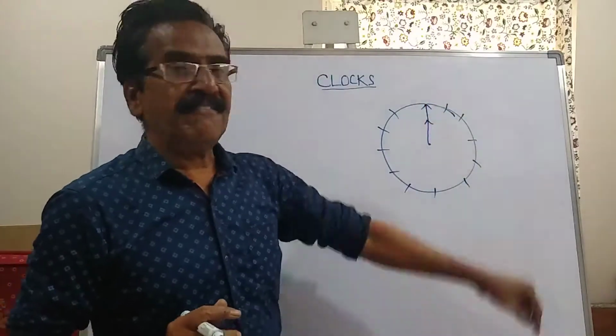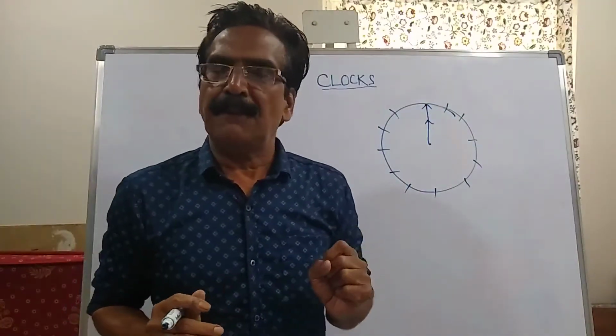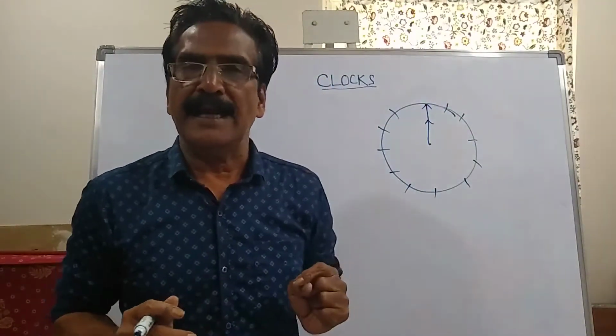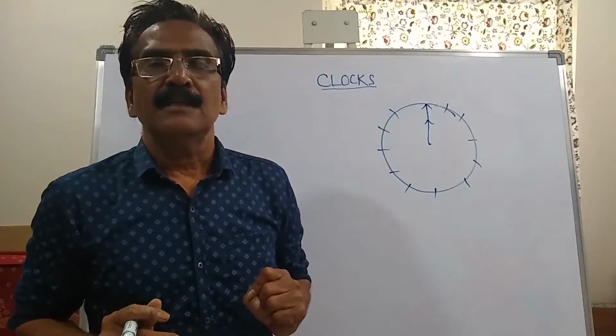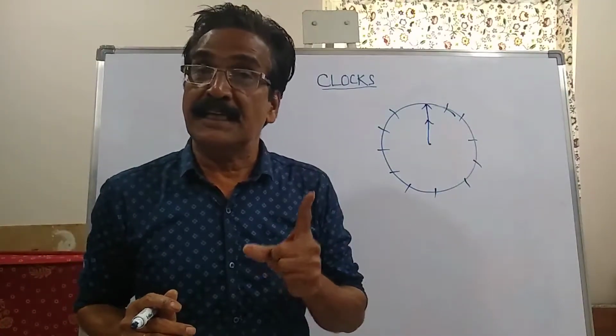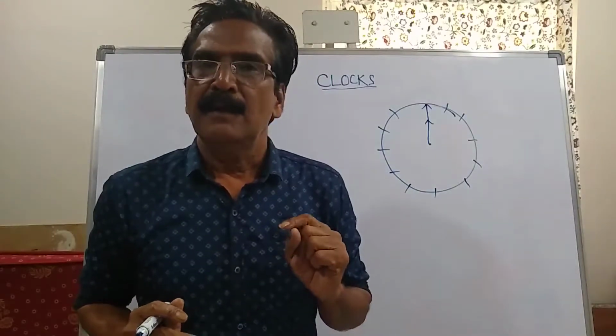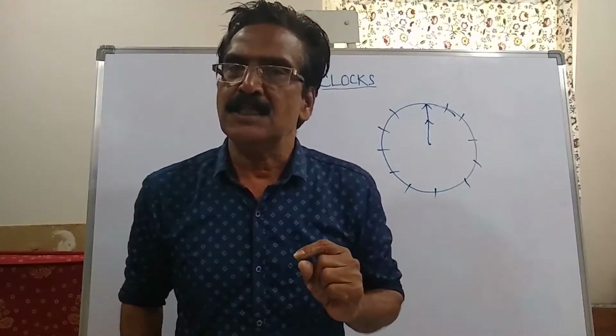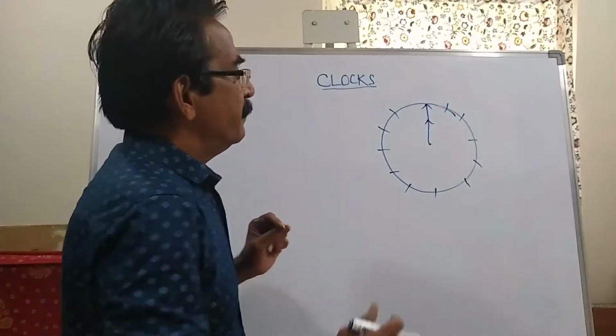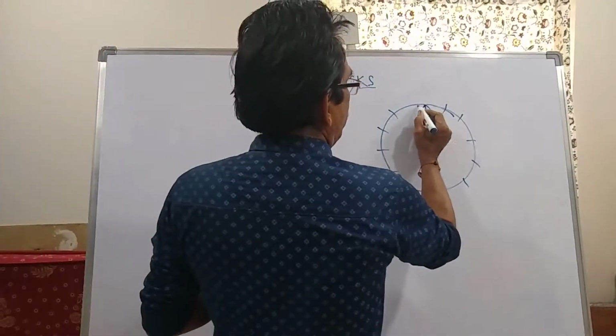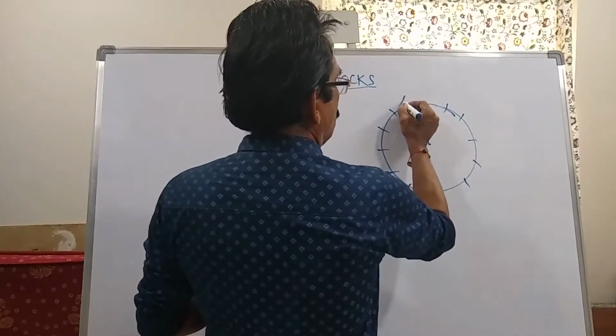See, in every 1 hour gap, hands will coincide normally. So accordingly, hands have to coincide 24 times in a day. But here is a small limitation, a small exception. Between 11 and 12, hands will not coincide.